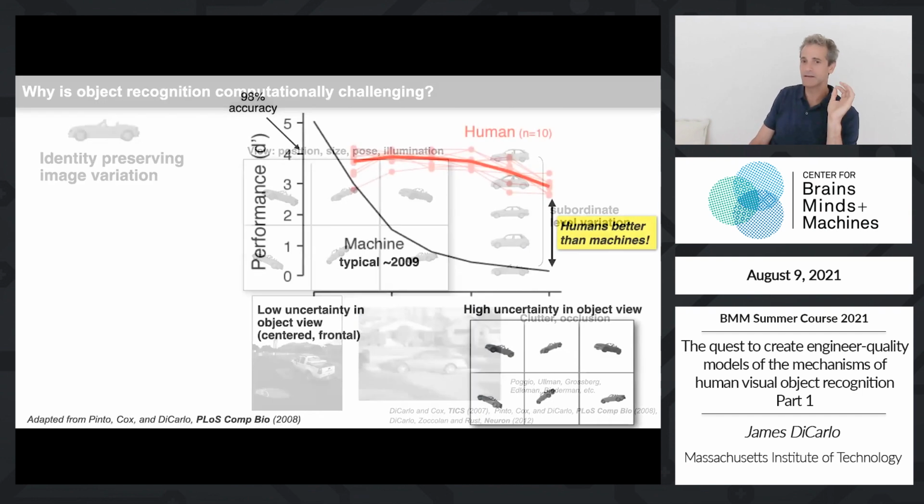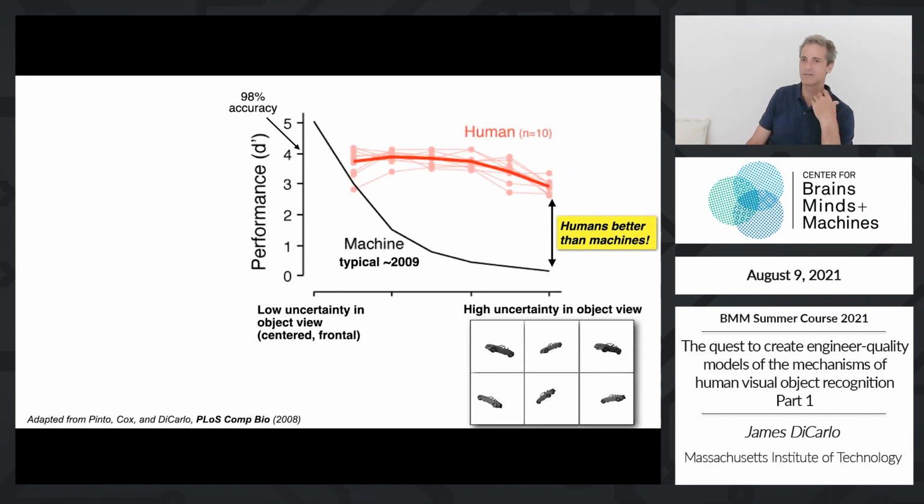And that's what made us better than machines, at least around 2010. Here's human ability. This is performance on the y-axis, as we vary the uncertainty, the amount of generalization needed to solve the task. On the left, you're always seeing the car from a perfect side view at a certain size. On the right, you're seeing cars in unknown poses and sizes like these example images shown at the bottom.